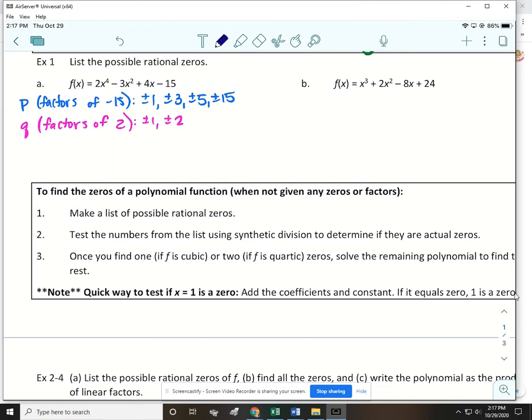All right, so we're not done. We haven't made our list yet. We've just made what we need to make our list. The possible rational zeros are going to be all the p's over all the q's. I'll start off by putting everything in my p list over 1. When I put them over 1, I basically get that list, the blue list.